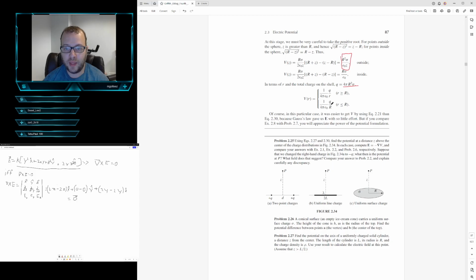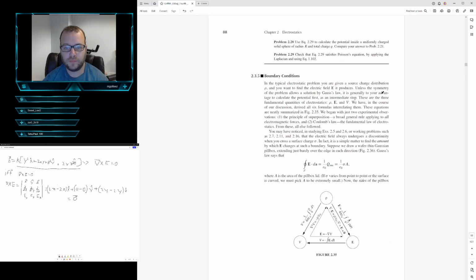And we get that q over capital R for the inside of the shell.